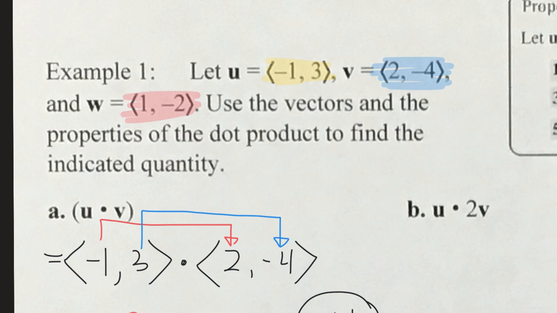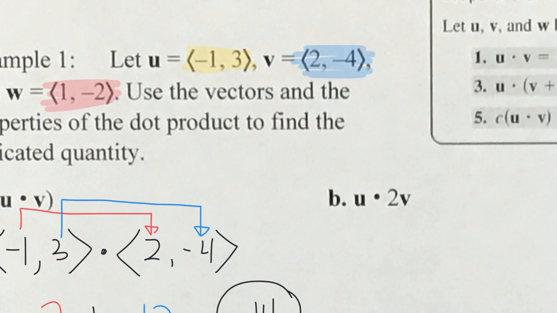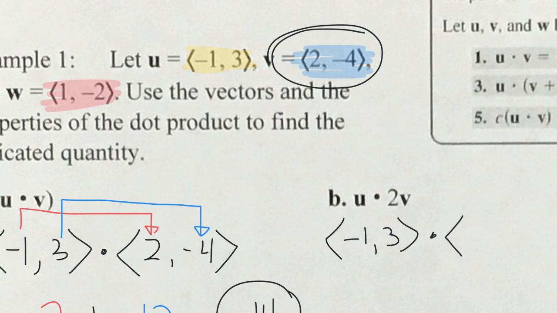So let's do our next one, u dot 2v. We have that u vector again, -1, 3, dot, let's multiply v by 2. We're going to double each of those components, so 4 and -8. So we are multiplying our v vector by 2.